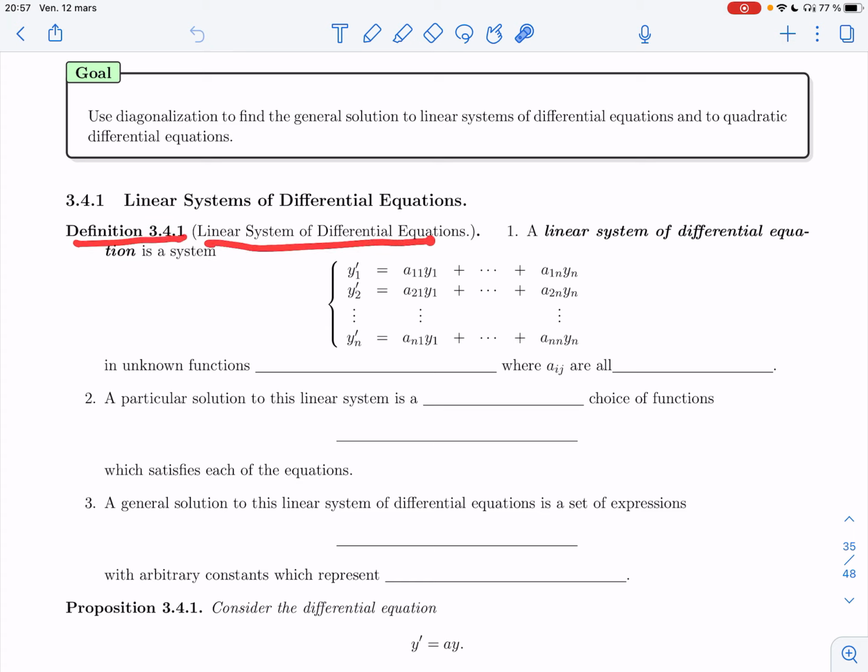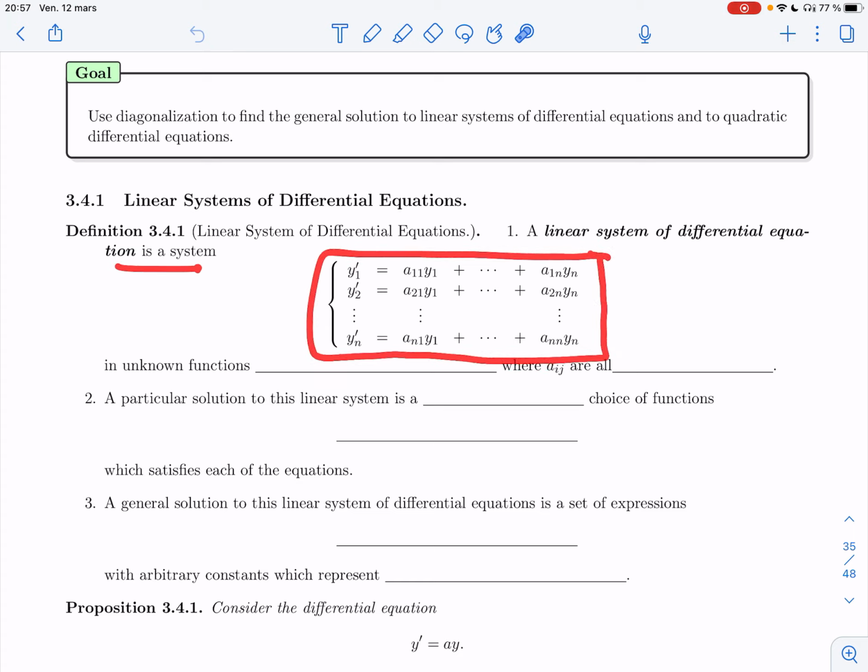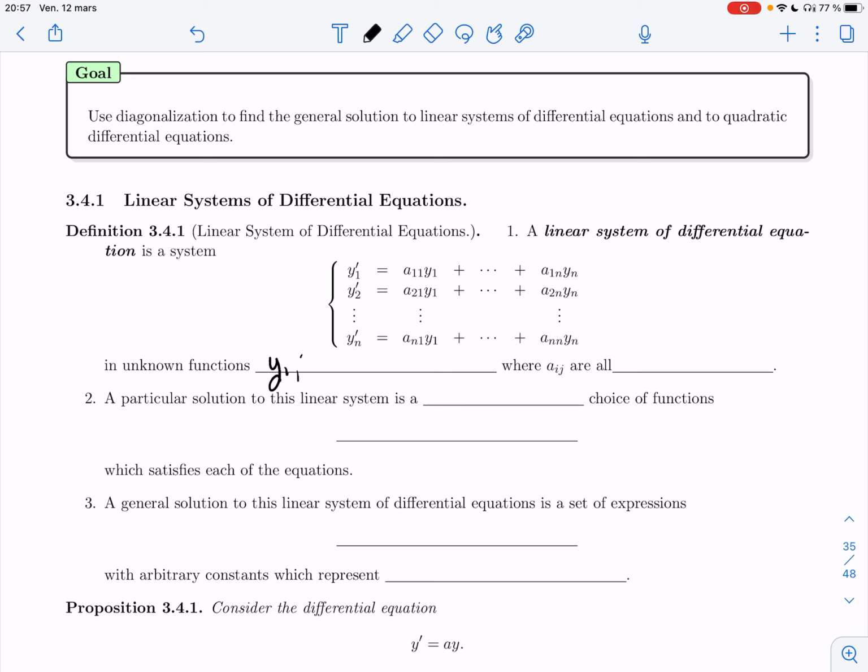A linear system of differential equations is a system that looks like this. In n unknown functions, let's say y1 of t, y2 of t, up to yn of t, on that side I have the derivative.